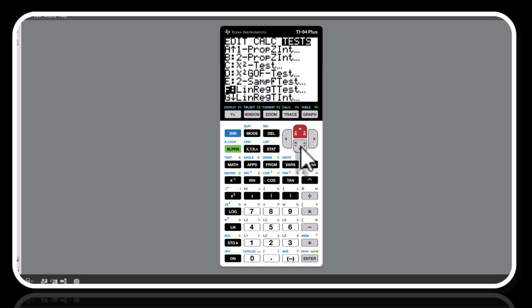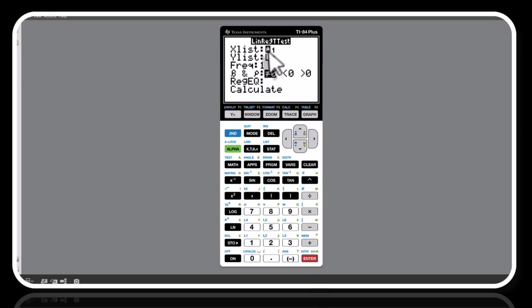Hit enter, L1, L2, make appropriate changes here, and then just press calculate. Scroll down and we'll see S. We can round this to 0.83. So the standard error of the estimate is 0.83.